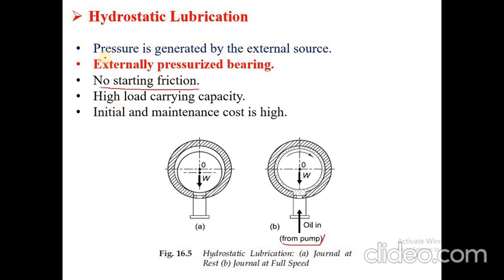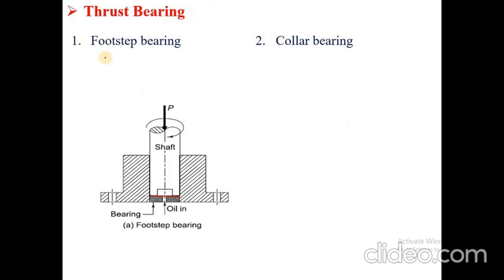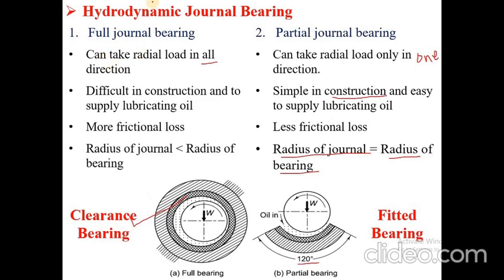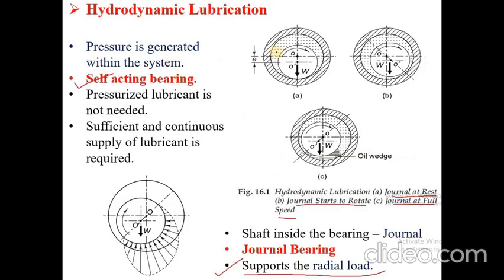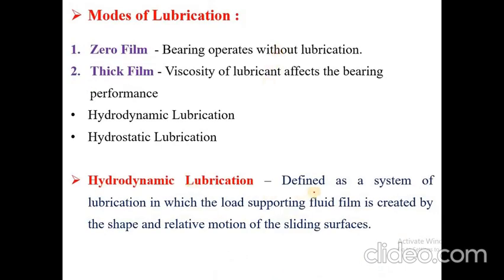So we have seen one definition of hydrodynamic journal bearing. It is defined as a system of lubrication in which the load supporting fluid film is created by the shape and the relative motion of the sliding surface.